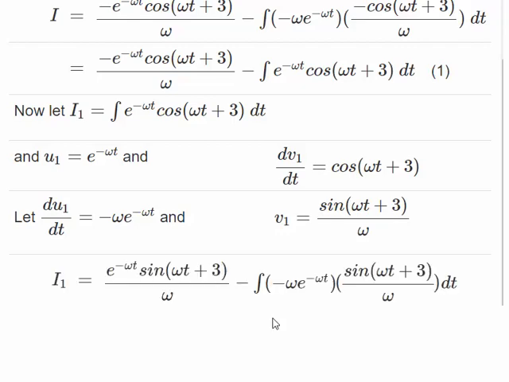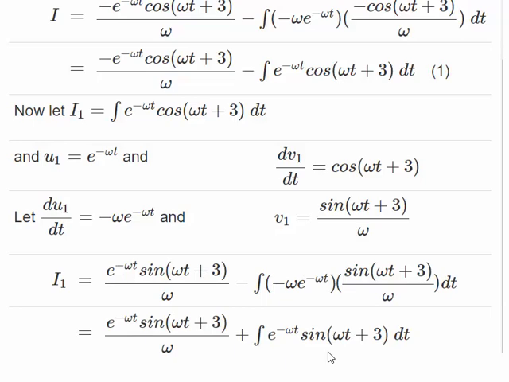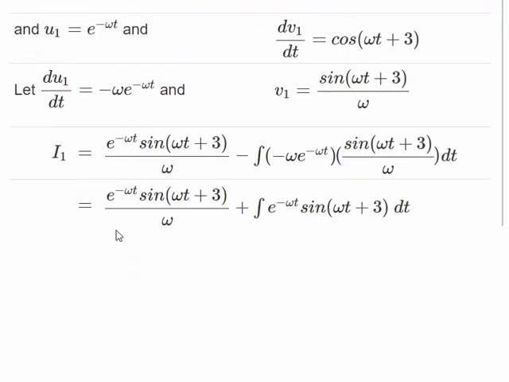So if we put this together, we're going to get u1 v1 minus the integral of v1 du1 dt. As before, we can cancel the omegas, giving us I1 is equal to e to the minus omega t sine omega t plus 3 over omega plus the integral of e to the minus omega t sine omega t plus 3 dt.